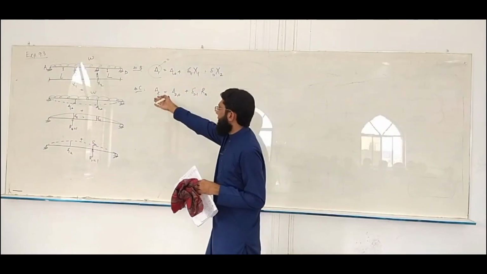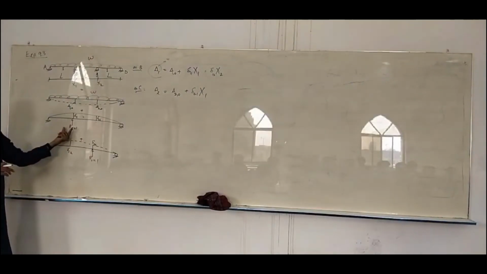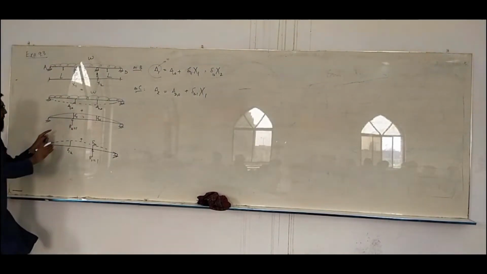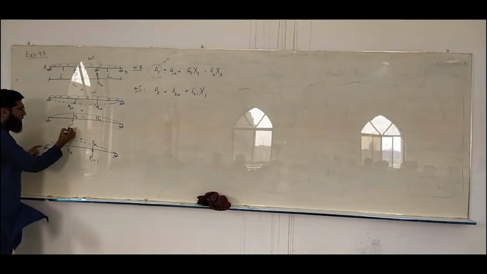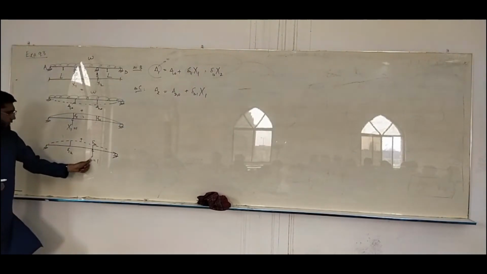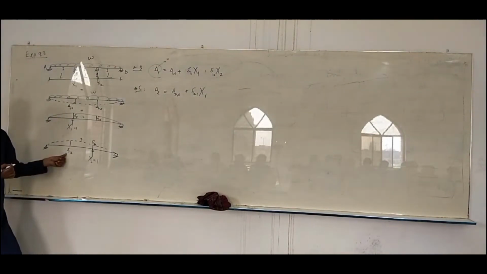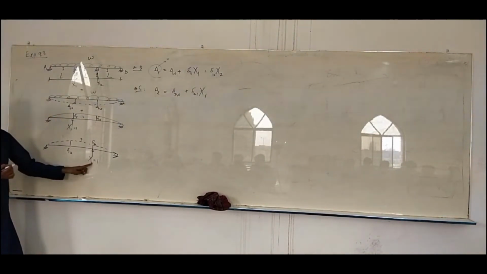So we know what x1 and x2 are. This is just a plus this displacement. Now what is this? Displacement along displacement measure 1, delta 1 1, due to a unit value of x1. And what is this? Displacement at this location due to a unit value of x2.